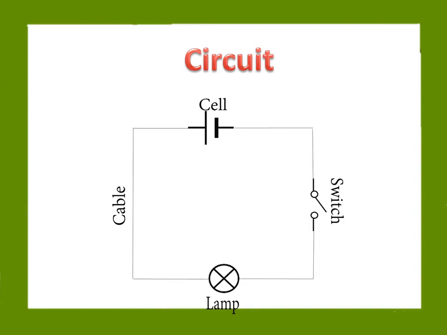The switch has two circles, and the line is on a slant and not touching, which means the switch is off. When it's on, the line goes straight and continues the circuit, all the way back to the cell. So from the big T on the cell, positive, all the way through the system, goes to the negative to continue the circuit. So this is how you represent it in a circuit diagram.